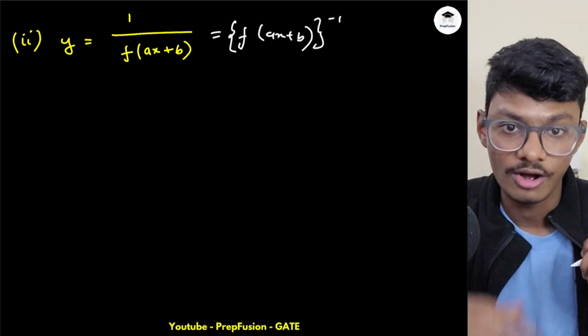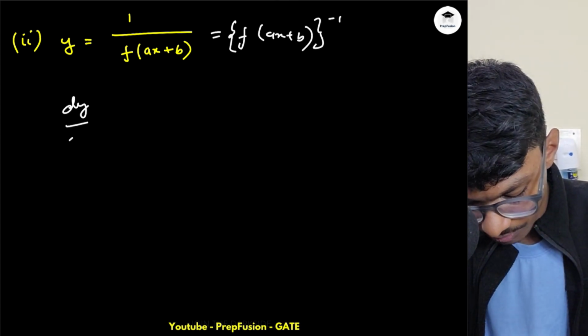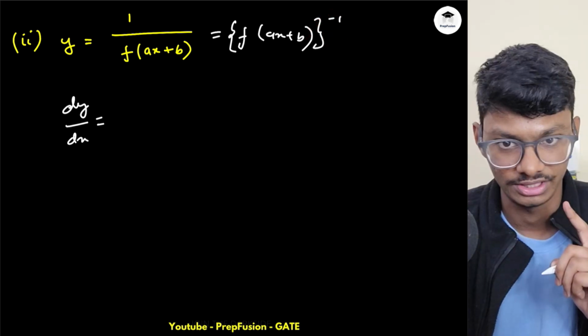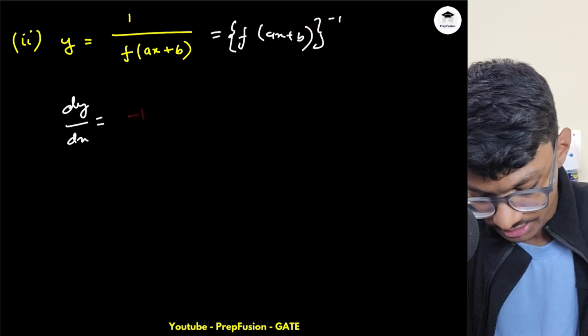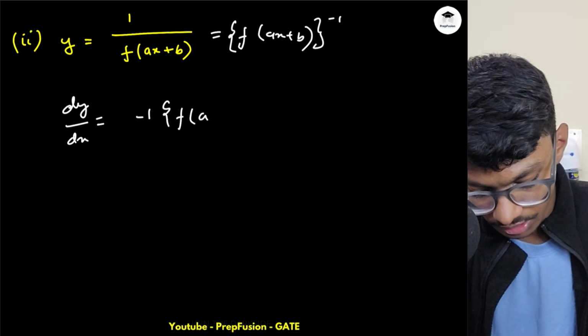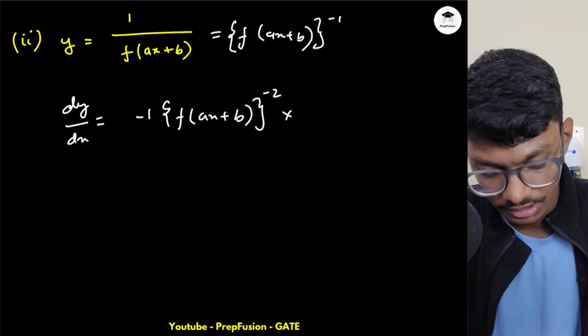Okay, so now from outside I will go inside. So I need to find dy upon dx. Okay, so what is outside? Outside is a power raised to power minus 1. So obviously what is the differentiation of these type of functions? The power will come in front and I will reduce the power by 1. Okay, and then I will go inside.